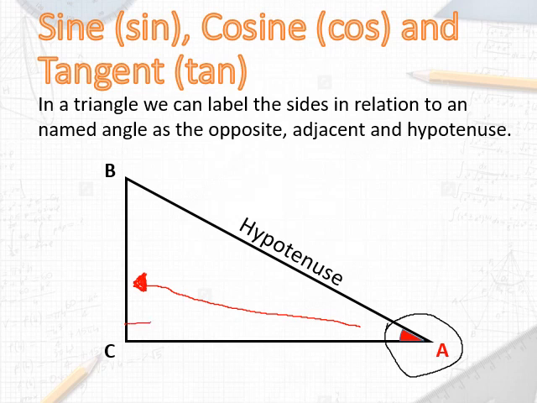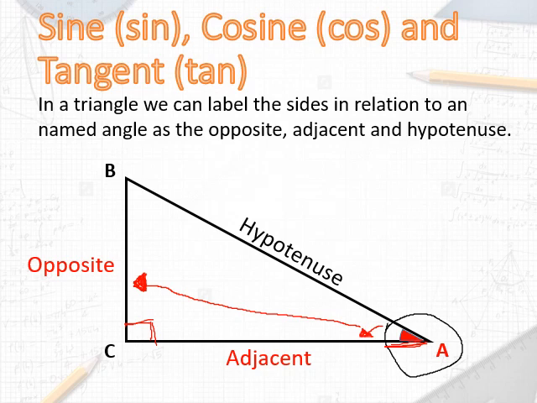The hypotenuse is always across from the right angle, so it's always opposite the right angle. The adjacent is the one that is not the hypotenuse, but is beside the angle. It actually touches the angle. It's one of the arms of the angle. So the adjacent is the one beside it, and the opposite is the one across from it.